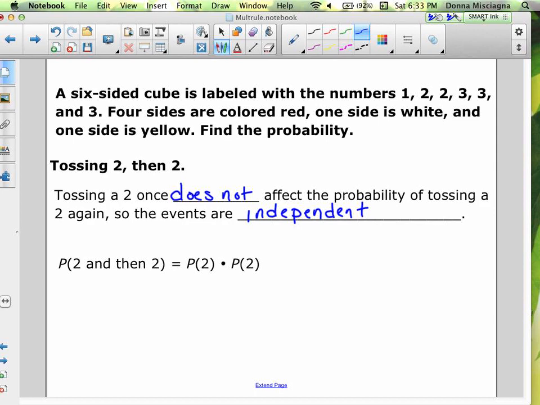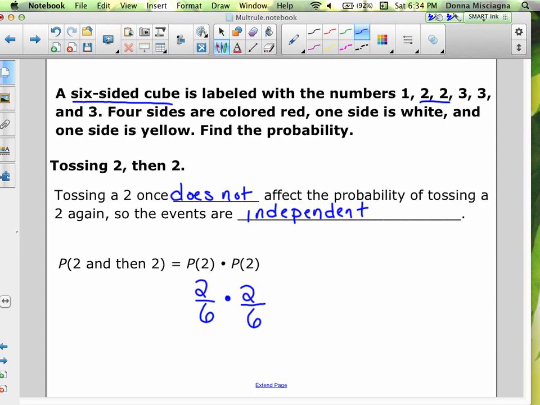There are two sides that have 2 on them, and there are 6 sides altogether, right? It's a six-sided cube. So the probability of tossing a 2 is 2/6. The probability of tossing a 2 the second time is still 2/6. Those are independent events, so the probability is not affected at all.